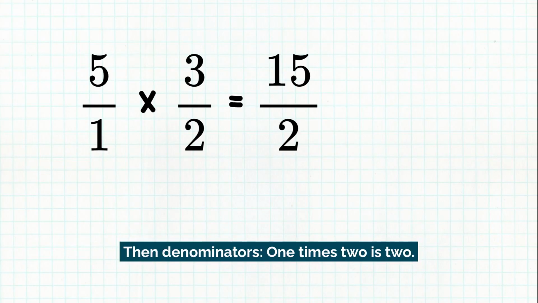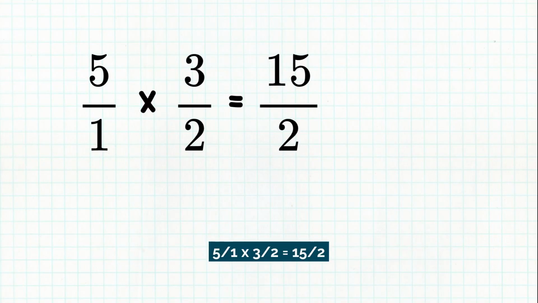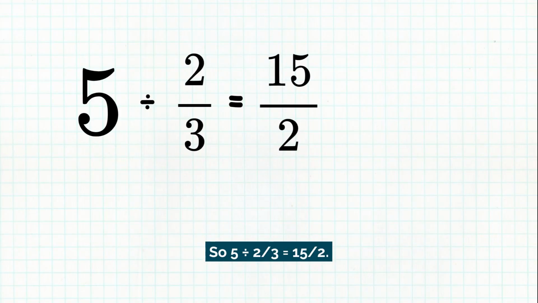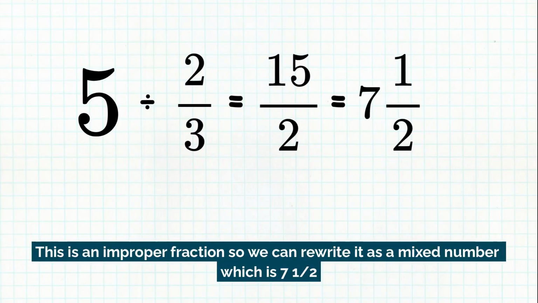Then denominators. 1 times 2 is 2. 5/1 multiplied by 3/2 equals 15/2. So, 5 divided by 2/3 equals 15/2. This is an improper fraction, so we can rewrite it as a mixed number, which is 7 and 1/2.